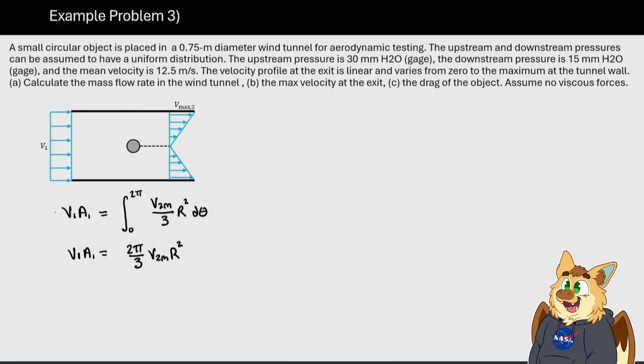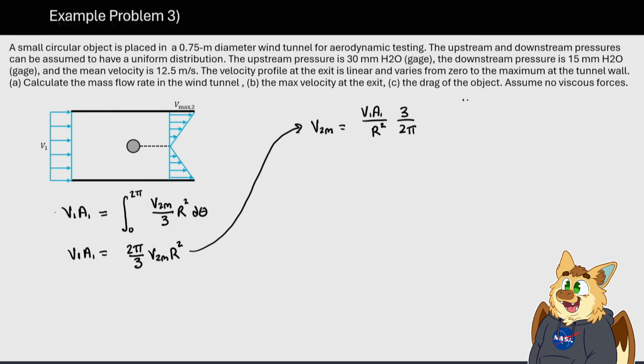Perfect. Now we can solve for v2 max. That's going to be equal to v1 times a1, all divided by capital R squared, or radius squared, times 3 over 2 pi.